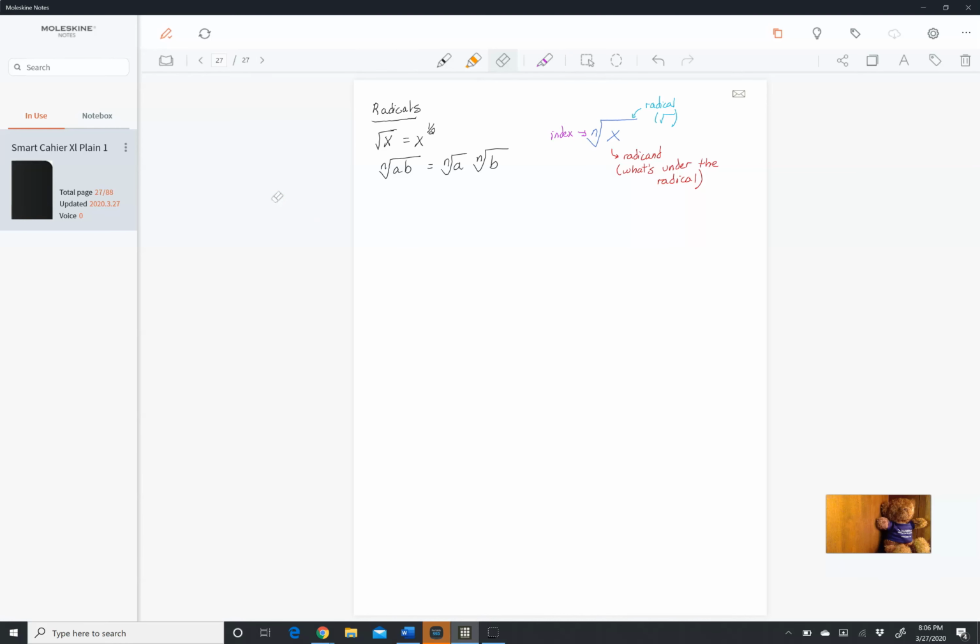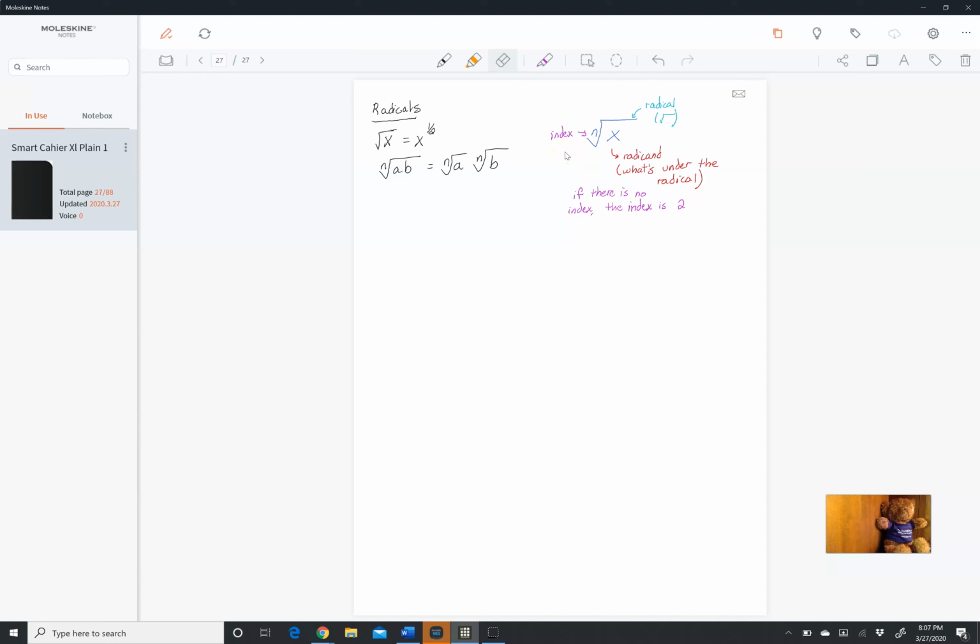So the index, if there is no index, the index is 2. Okay, so that's by default.